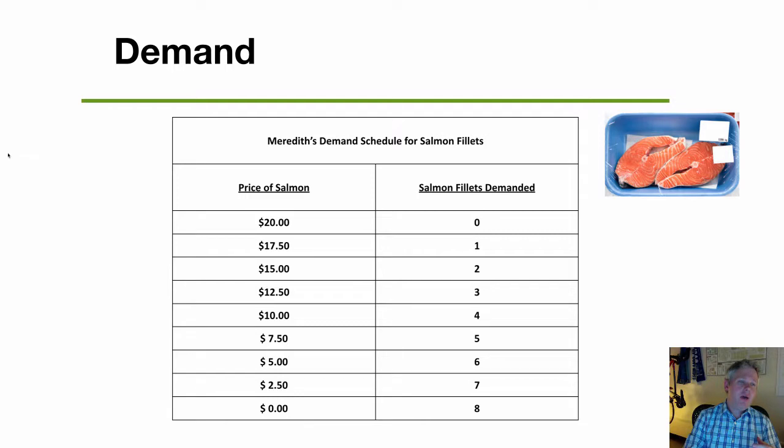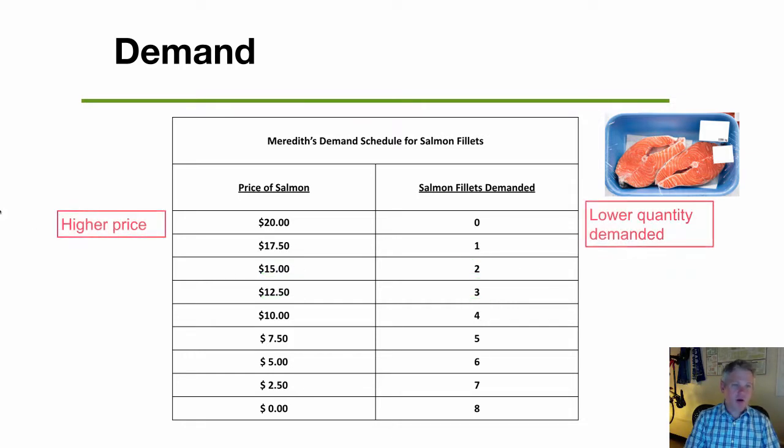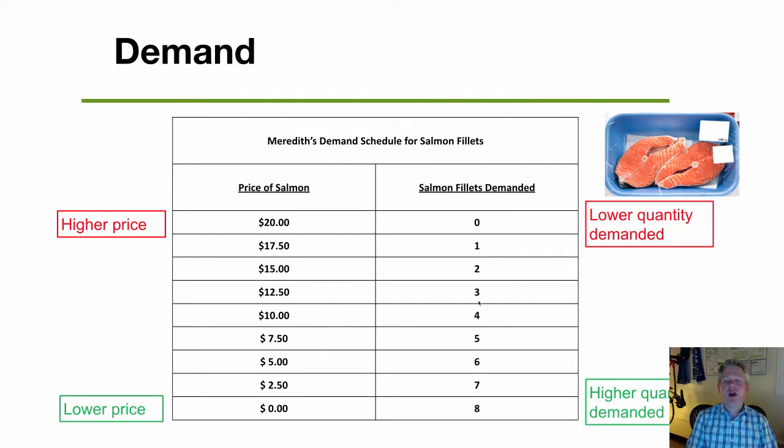And then you can see that her demand schedule follows the law of demand. As the price falls, her quantity demanded increases, all right? Price falls, quantity demanded increases. So this is her demand schedule, all right? And at a high price, she has a low quantity demanded, and at a low price, she has a high quantity demanded.